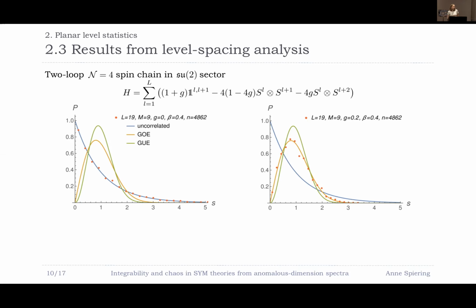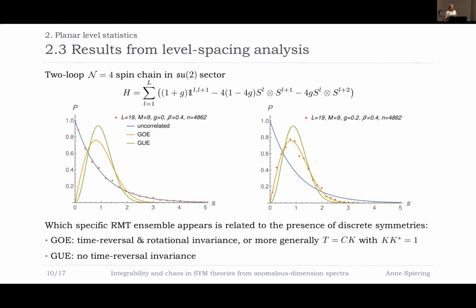And so now you might wonder, why do we find GUE in the previous case and GOE here? This was already realized very early on in the development of random matrix theory: which specific ensemble appears in a given model is related to the discrete symmetries.